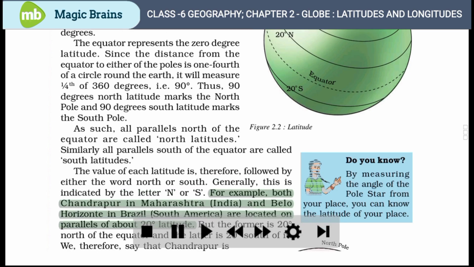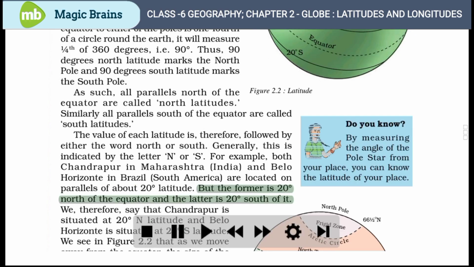For example, both Chandrapur in Maharashtra, India, and Belo Horizonte in Brazil, South America are located on parallels of about 20 degrees latitude. But the former is 20 degrees north of the equator and the latter is 20 degrees south of it.